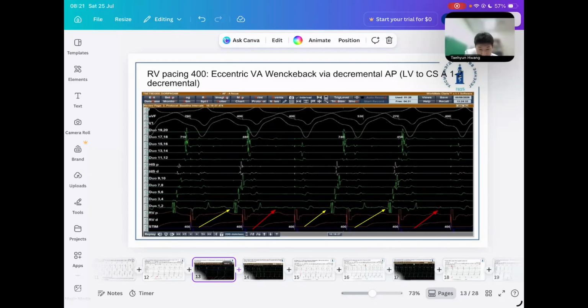If we have a normal accessory pathway, it usually doesn't have decremental properties, so we can't see this lengthening of the conduction. So VA conduction lengthening during the ventricular pacing means your accessory pathway most likely has decremental conduction.